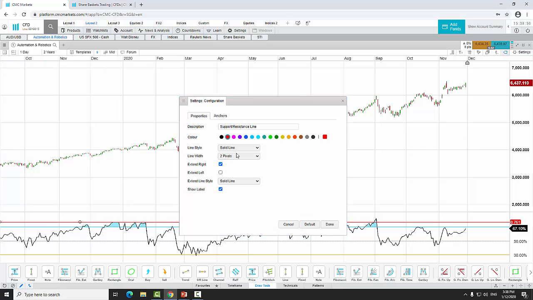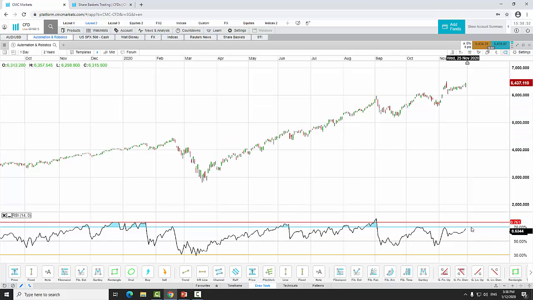Okay, let me put it in red. So there's this extreme overbought level on average at 76. What it means is that if we reach this extreme overbought level at 76, there could be a potential setback on the price action. So based on the RSI analysis, it still has some more room to maneuver before hitting this 76 extreme overbought level, based on yesterday's closing price.